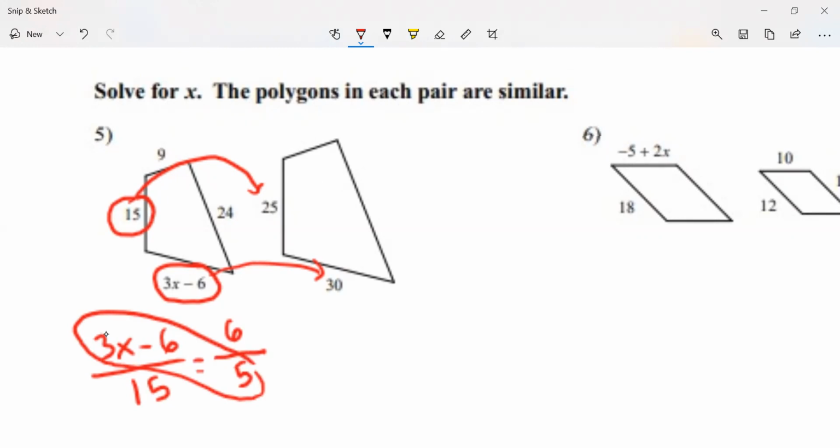So I'm going to have 15x minus 30 equals. Notice how I went 5 times 3x and 5 times 6. I kept the minus. So 15x minus 30 equals, and then this way, 15 times 6 is 90.